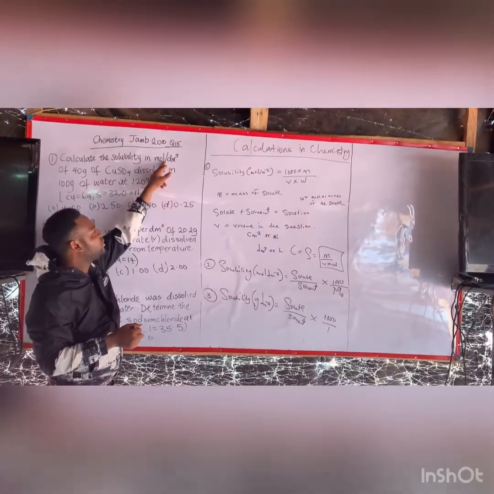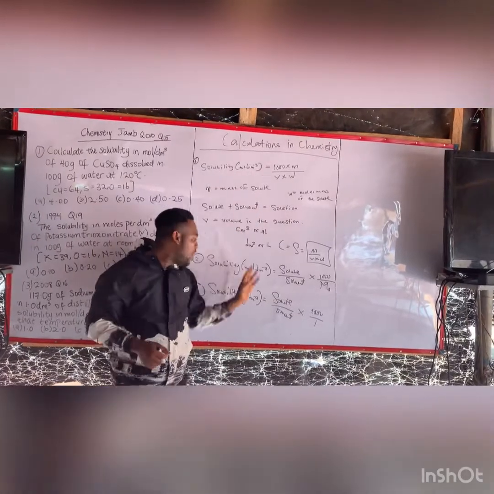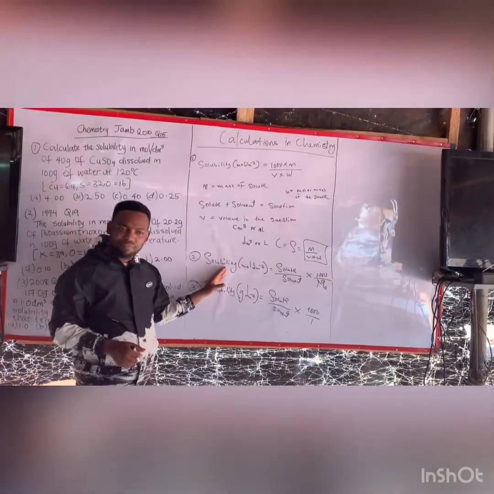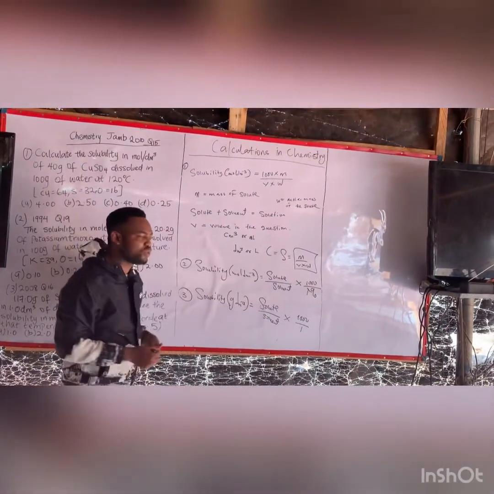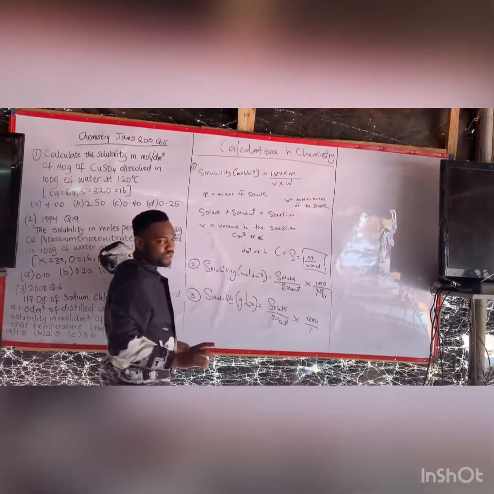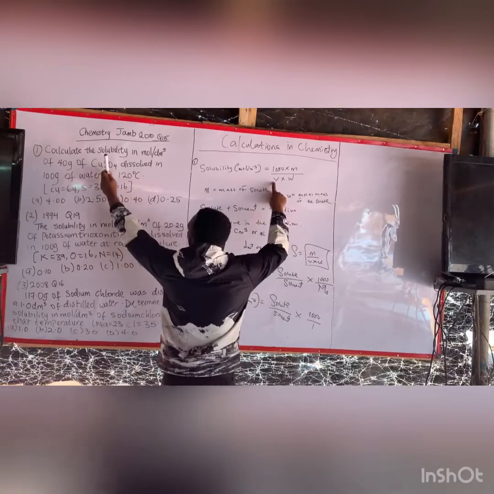Now, I can use this formula. So far, the unit of the solubility they say I should find is in mole per dm cube. So look at the unit there. The unit given to us is mole per dm cube. So it means I can use either this formula or I use this one. But to get the answer fast, we make use of this one because this one does not matter the unit of the parameters given to us. But for this one, the volume of the solution is not given to me.